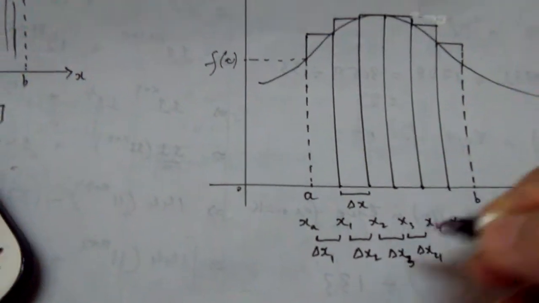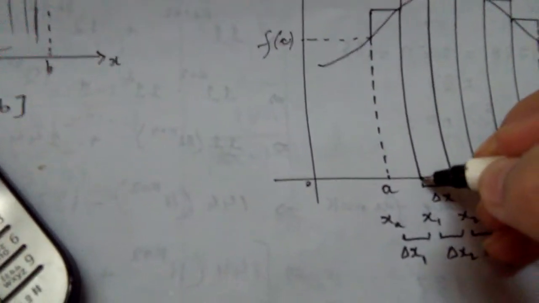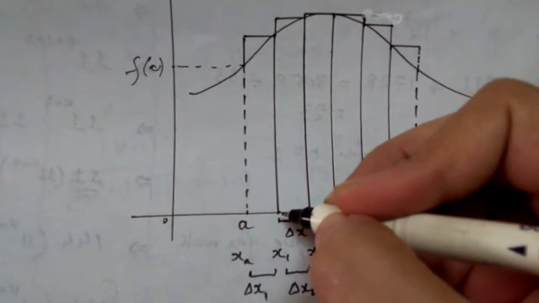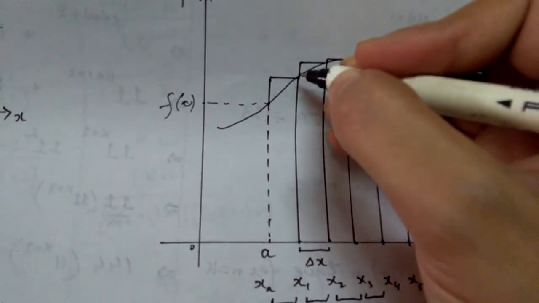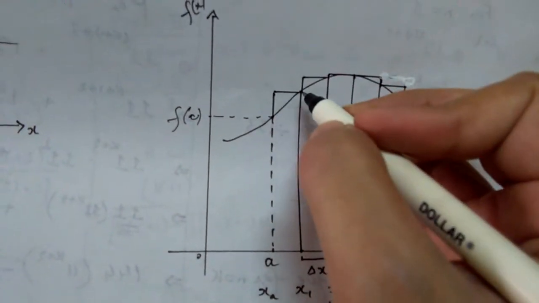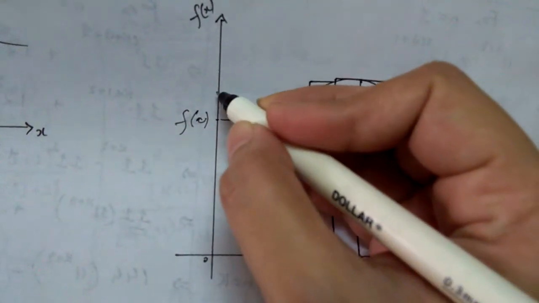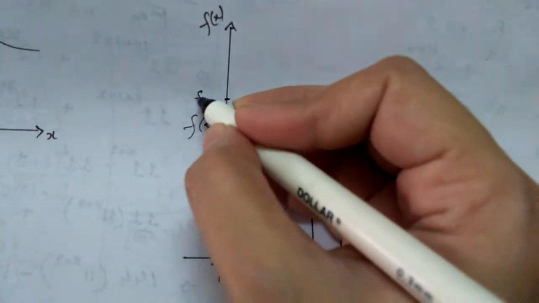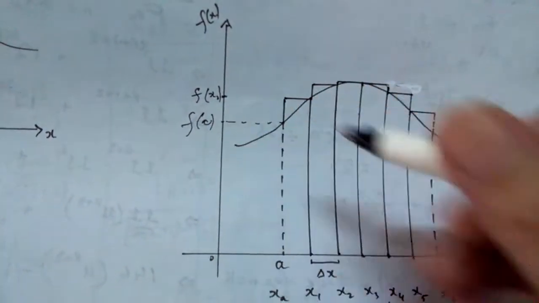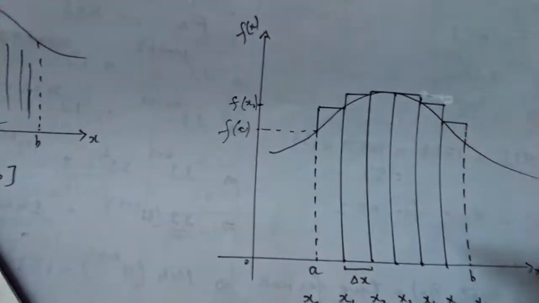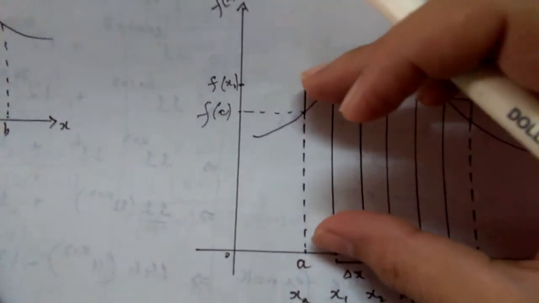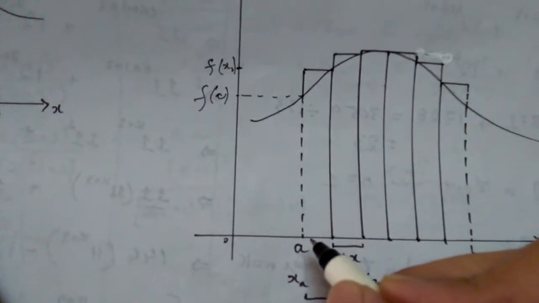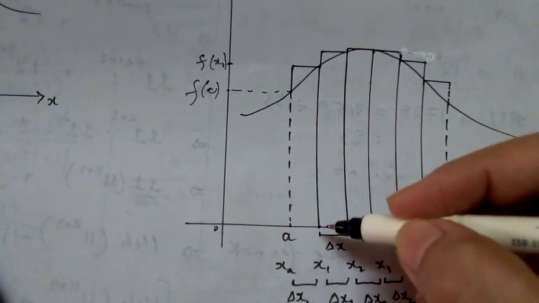I hope you've understood this. Now you see, this is your x1, and this point is touching the curve right over here. With the help of that, I come to know that this point is f of x1, and you keep on calculating f of x2 and so on. So if I talk about this rectangle, its area can be determined by multiplying its width with its height.